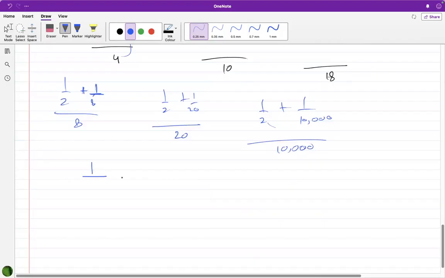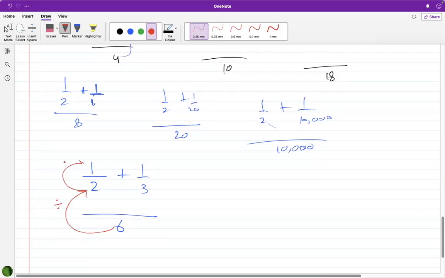What we do is 1 by 2 plus 1 by 3. LCM is 6. So we don't have any issue finding the LCM. No. And now, these are the steps. Divide, then multiply, and then write the answer.